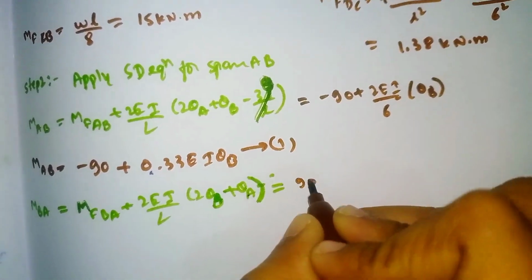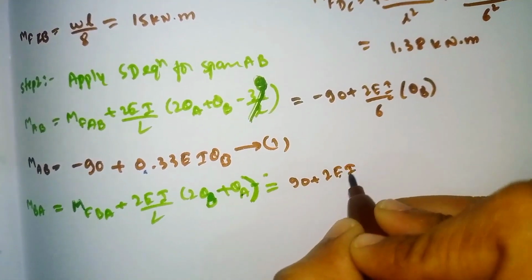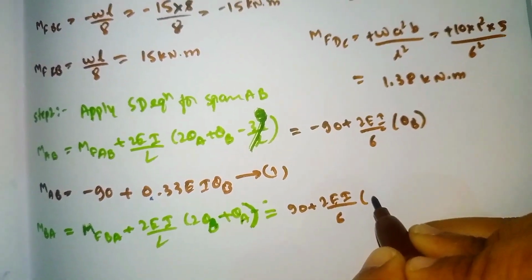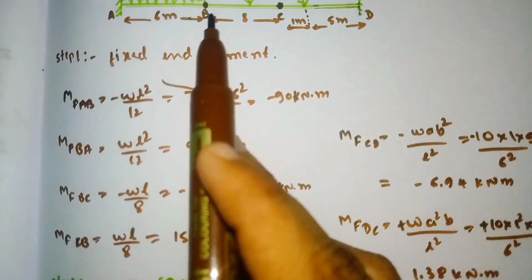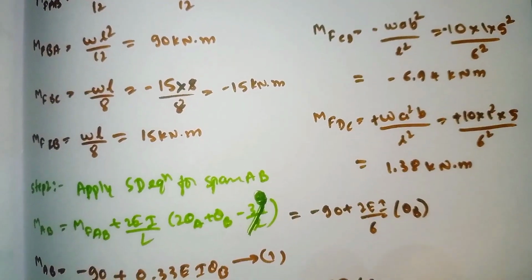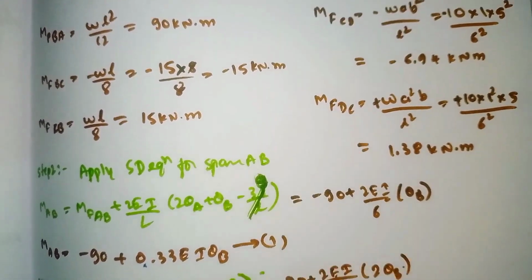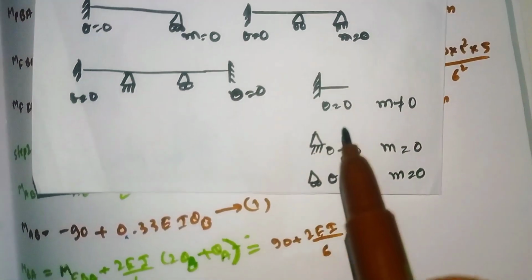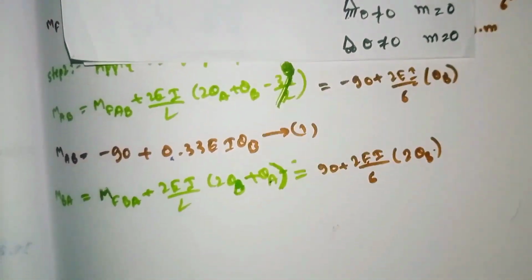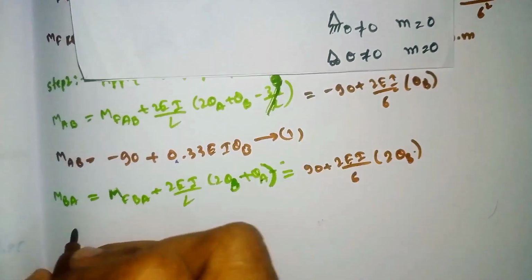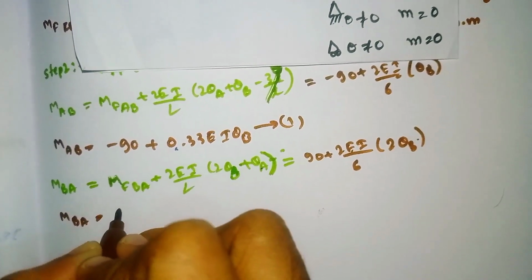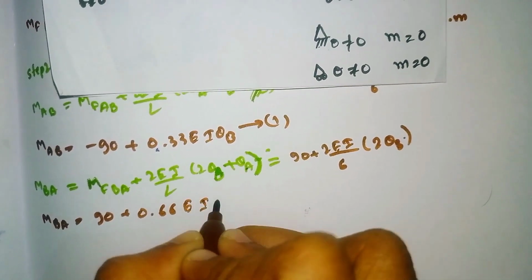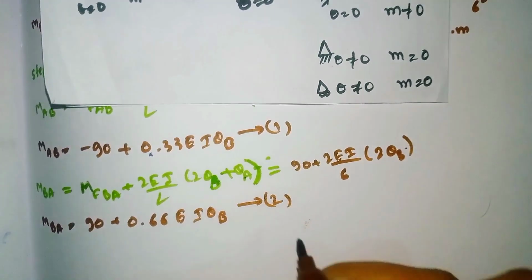So 90 plus 2EI is constant as it is, L is 6 meter, 2 into theta B, some value. Theta A is fixed end, so it becomes 0, so I am not writing it. So simplify this. It will come out as MBA is equal to 90 plus 0.66 EI theta B. So call it equation number 2.